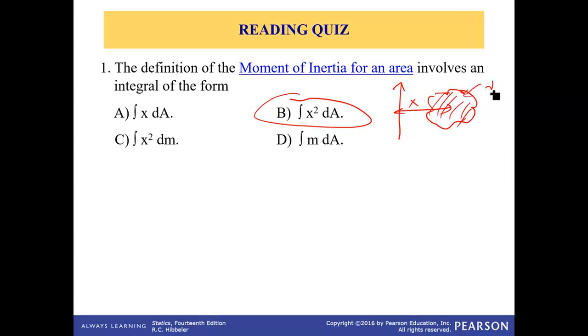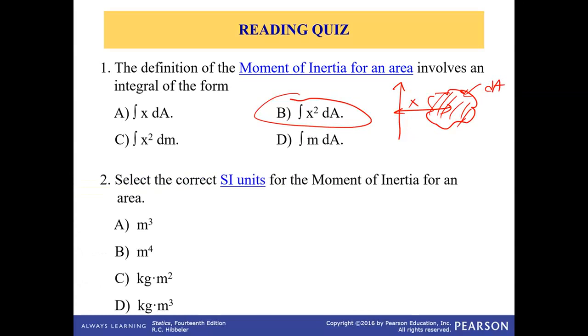If the shape has area dA, then it can be calculated using the formula integral x squared dA. The unit for moment of inertia is the unit of this product. x is a distance, so x squared is meter squared. Area is also meter squared, so meter squared multiplied by meter squared gives meter to the power of 4. That is the correct unit.